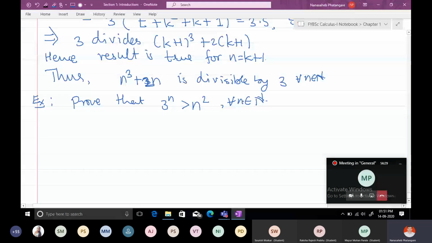So one more interesting example, which is non-trivial actually.